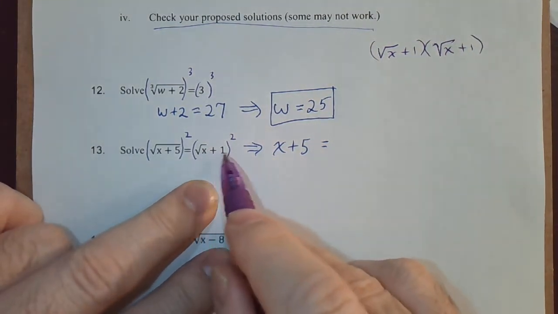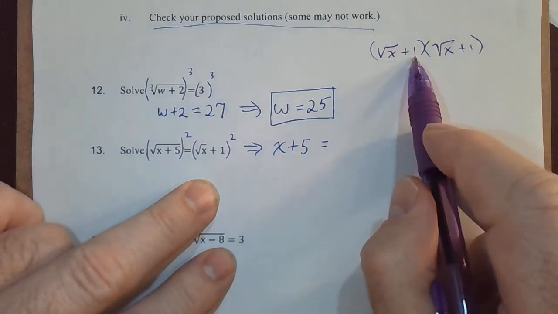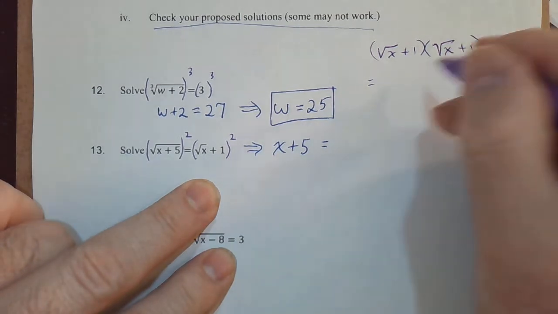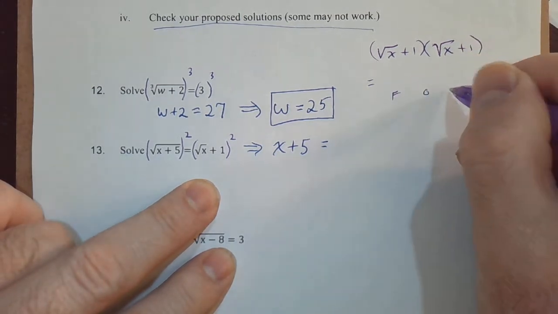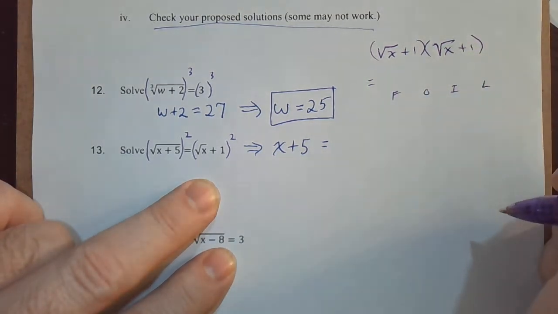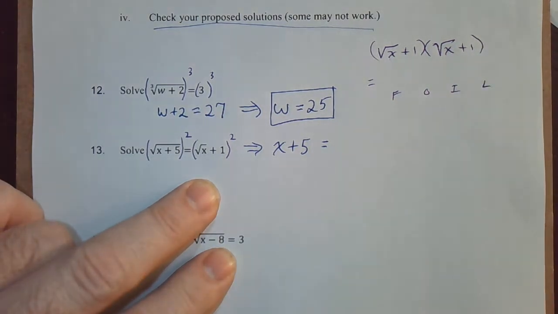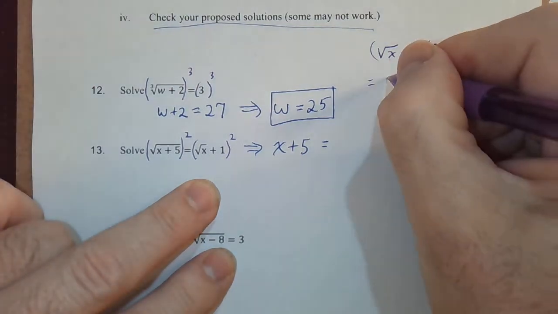Radical x plus 1 squared. Radical x plus 1, radical x plus 1. We have to FOIL it out. F-O-I-L. What is radical x times radical x? That's radical x squared, which is just x.